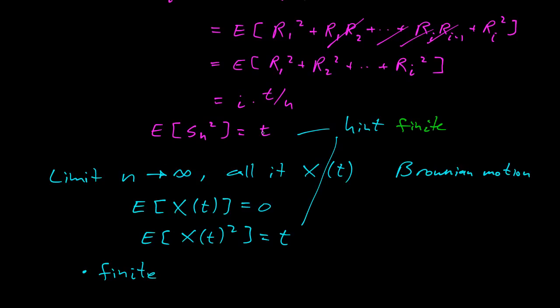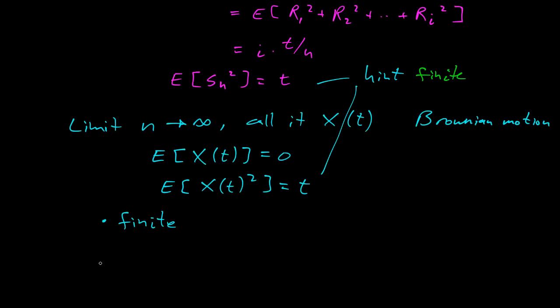It'll be related to the square root of this number here. So this is the variance, and how far away you get from the origin is related to this number. And because this is not going to infinity, that means that the whole process is going to stay bounded and finite.